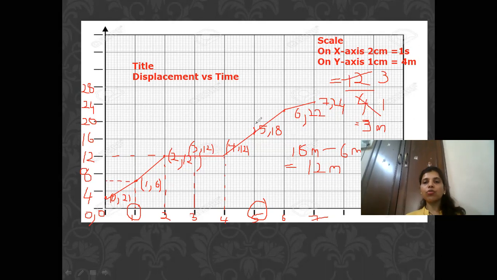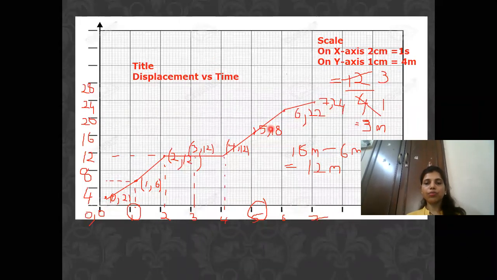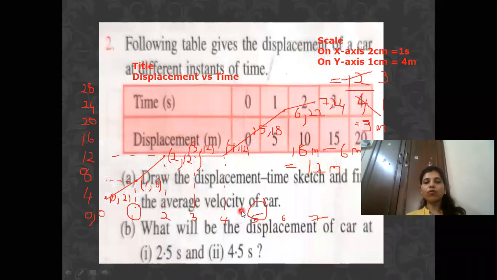Now initially, if you have seen the graph which we had plotted before, it was a straight line graph. From there, we wanted to find the average velocity of the car.